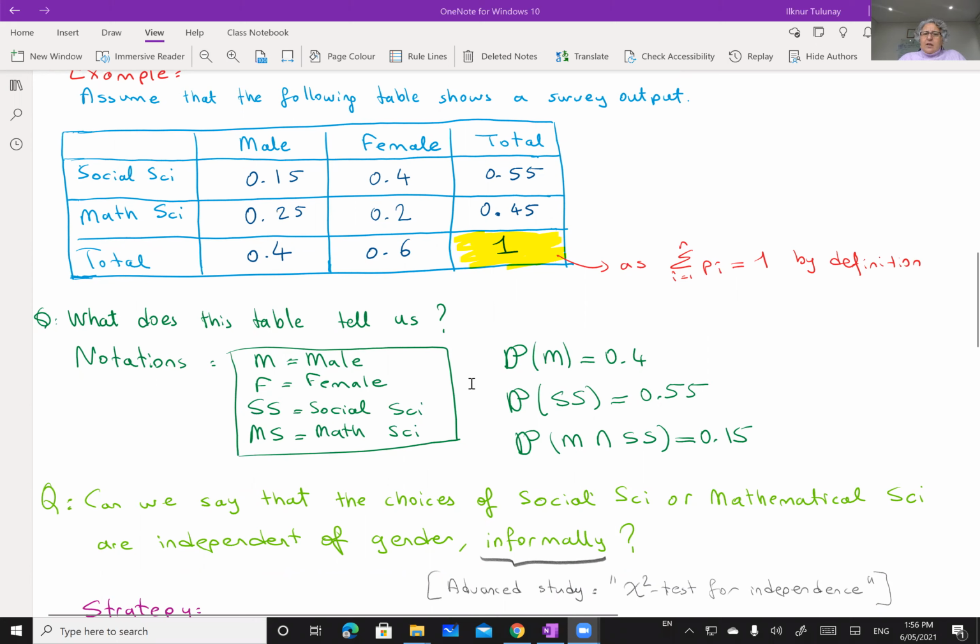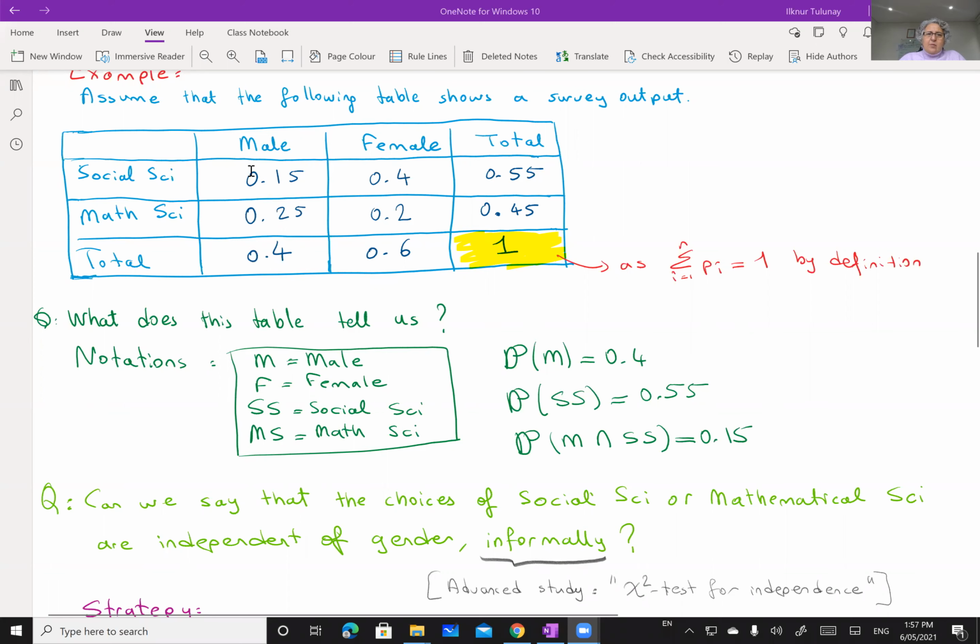And the probability of a male here is 40%, 0.4. These are some examples. Probability of social science is 0.55, 55%. And these numbers here correspond to intersection probabilities, right?